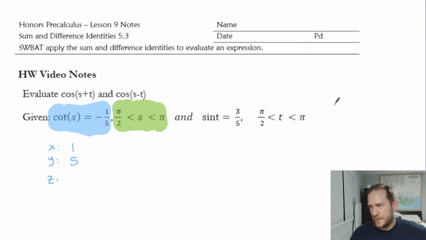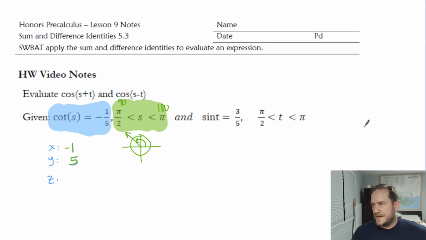Well, that's where the quadrant comes in. It says right here that we're bigger than pi over 2, which don't forget is 90, and less than pi, which is 180. So that's just a fancy way of telling you that your angle lives here in quadrant 2. And that answers our question. We know that in quadrant 2 we have a negative x with a positive y. So the x will be negative, the 5 will be positive.